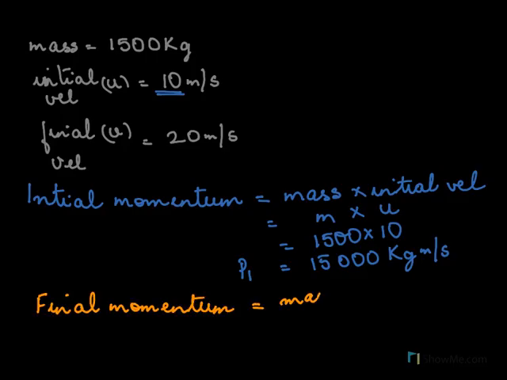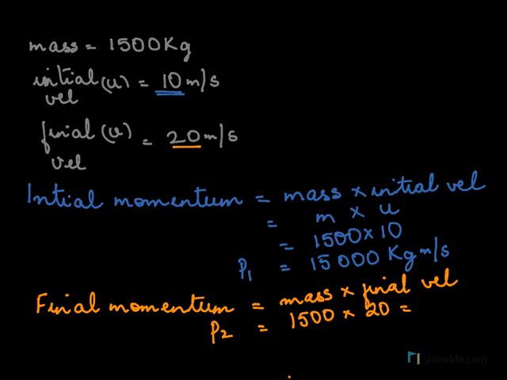Final momentum again will be mass into final velocity. So final momentum P2, mass is 1500, final velocity we saw is 20. So this will be 30,000 kg meter per second.